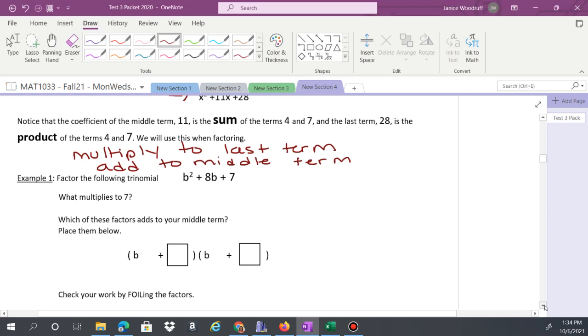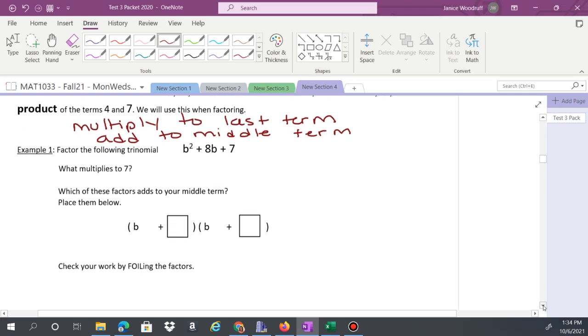Let's take a look at our example. When I'm factoring a monic trinomial, I set up my factors like this: two sets of parentheses. You split the first term, b and b, just like the beginning of FOILing. Then you look at your last term, 7, and ask what multiplies to 7. In this case, there's only one thing, 1 times 7.